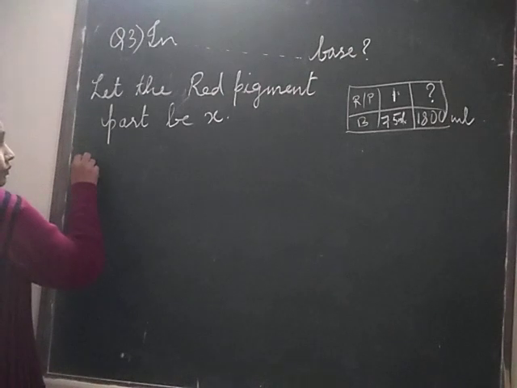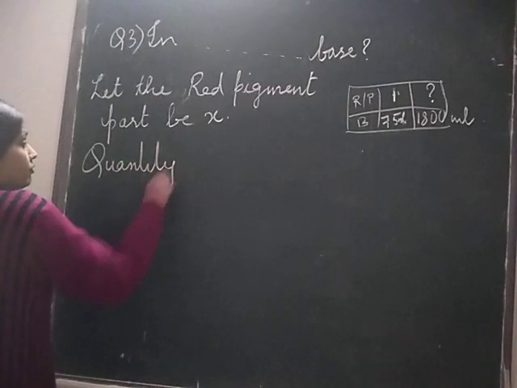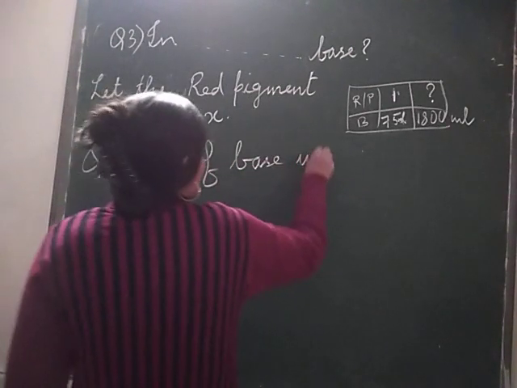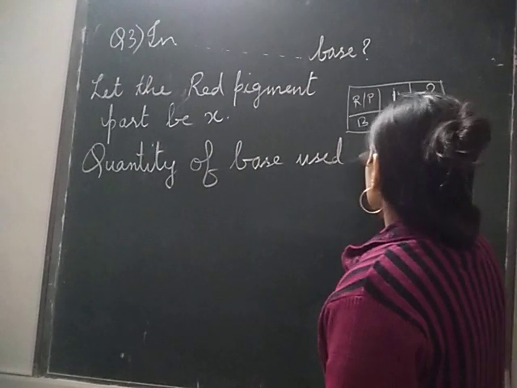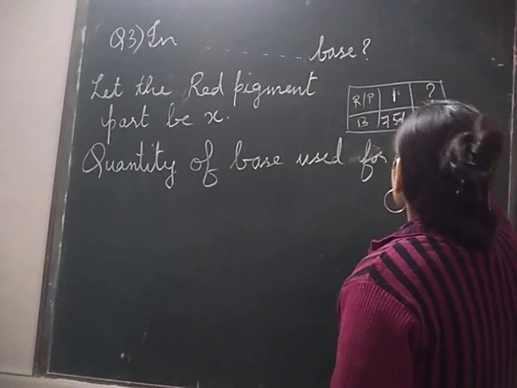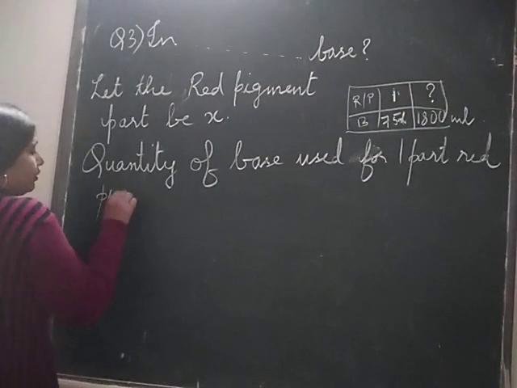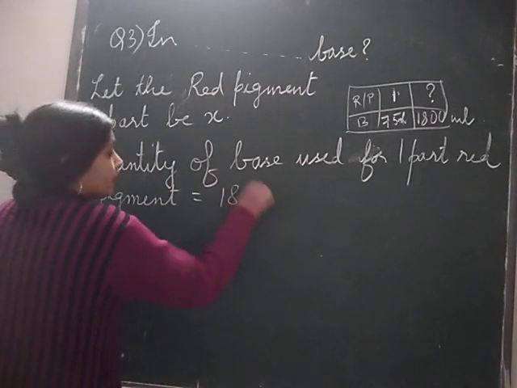Then the quantity of base used for one part red pigment, and for X parts of red pigment, how much? 1800 milliliters.